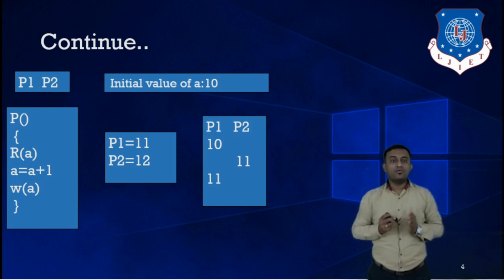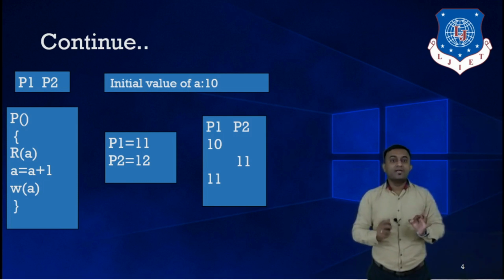Once control is shifted to P2, P2 will execute this set of code in a serial manner. What value of A will P2 fetch? Definitely the initial value of A, which is 10 in this case, because the value read by process P1 has not been written to memory.